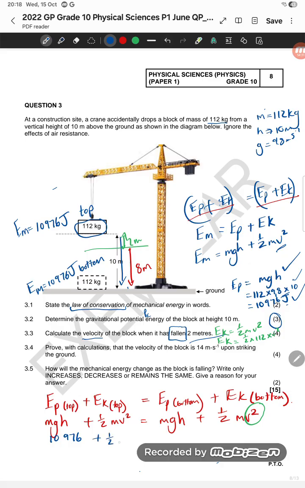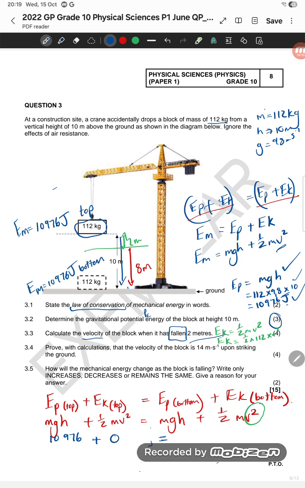Plus, now, can you see my velocity is 0? And anything times 0 is going to give me 0. So you can either put that whole thing in, or you can just put in 0. It doesn't matter. Let's put it as 0 for now, so that we know that as soon as you've got velocity 0, there's no kinetic energy at the top.